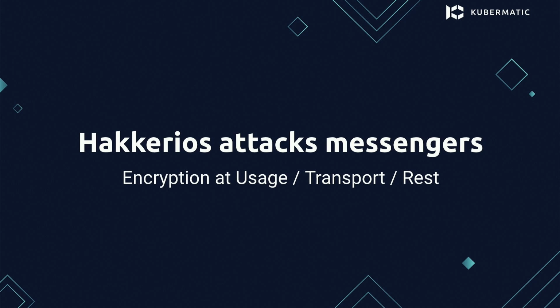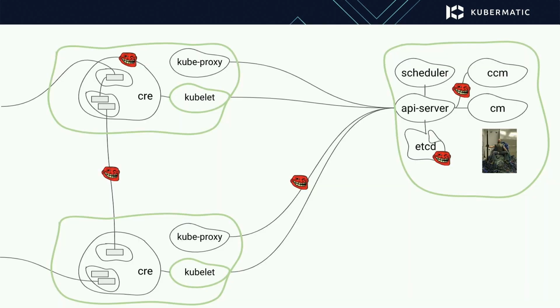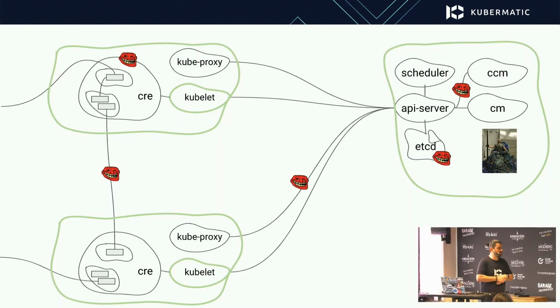And then, well, Hackerius is also smart, and he wants to attack the messengers. There is a lot of communication going between different components of the Kubernetes cluster. So we should make sure that these are encrypted, especially in usage, transport, and rest. What do I mean by usage, transport, and rest?